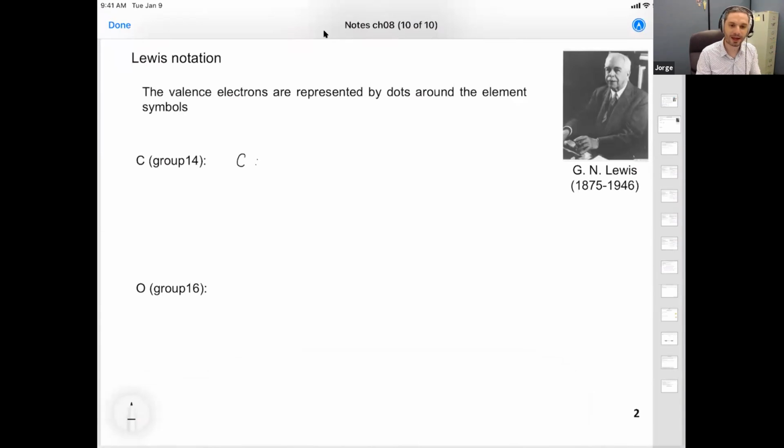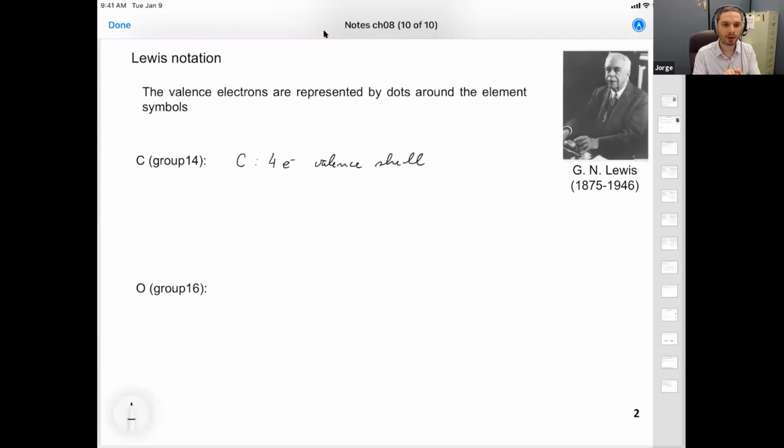Every time we are in the group 13, 14, 15, 16, 17, or 18, if we want to know the number of valence electrons, we have to subtract 10 from the group number. So 14 minus 10, that means carbon has 4 electrons in the valence shell.